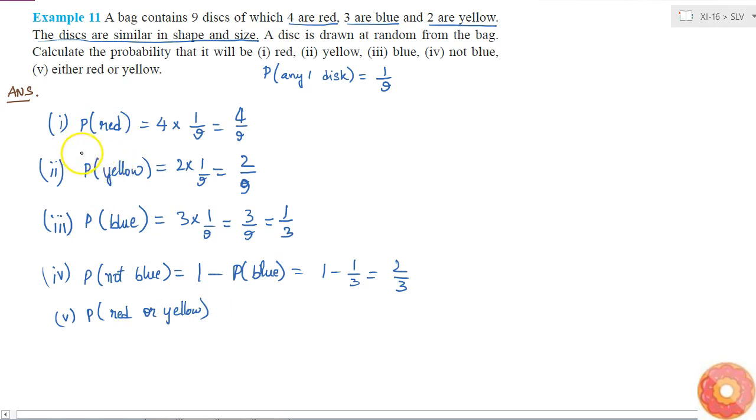That is, if I get a red disc, I cannot get a yellow disc, and if I get a yellow disc, I can't get a red disc. So these two are mutually exclusive events. So I can simply write it as the probability of red plus the probability of yellow, correct? Which is equal to 4 by 9 plus 2 by 9, which is 2 by 3.